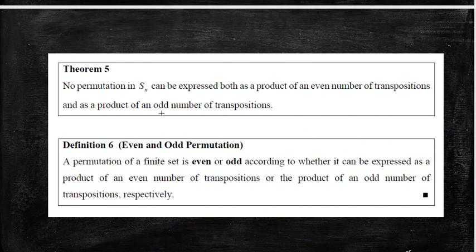If it is 3 or 5 or 7, that means the number of transpositions is odd. We can find it clearly in definition 6, which is the definition for even and odd permutation. It depends on whether it is expressed as a product of an even number of transpositions or an odd number of transpositions.